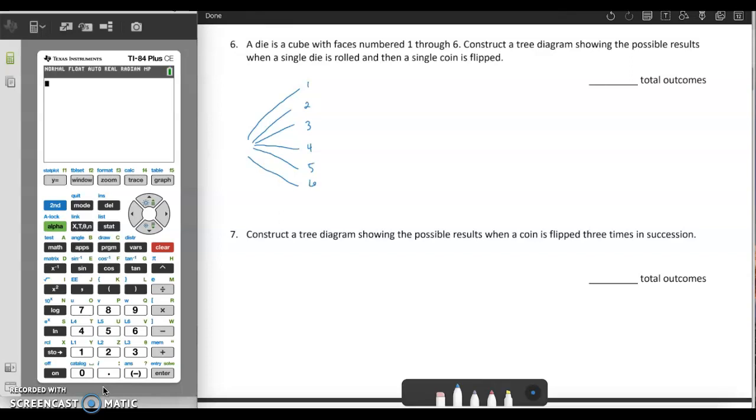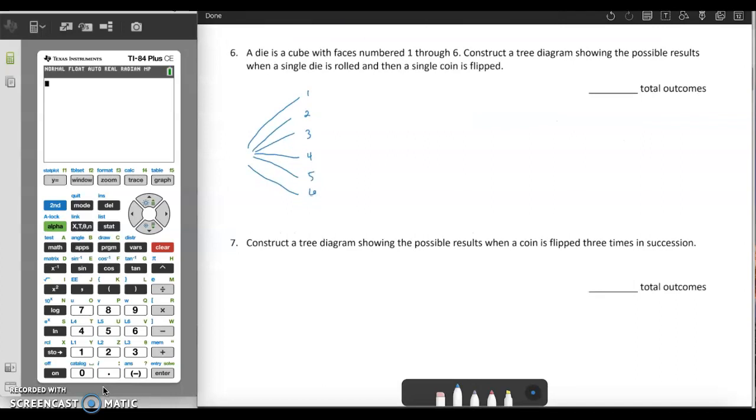So notice my n1 is 6. There are 6 different outcomes that I could get when I roll this die. Now as a tree branches, so do our tree diagrams. So for the second level, we're going to flip a coin. When you flip a coin, you either get a heads or a tails.